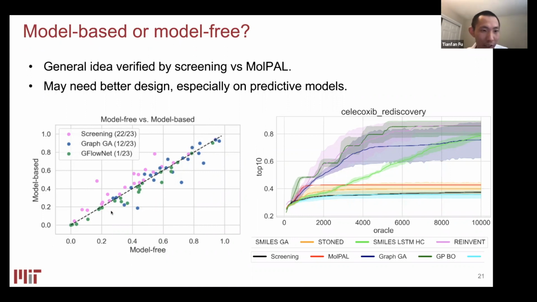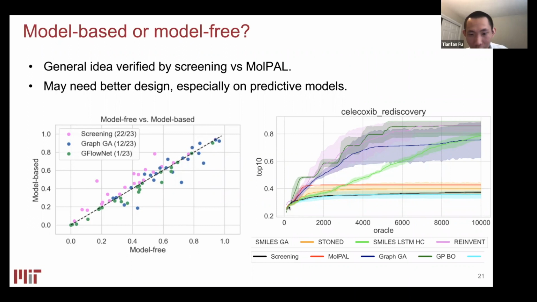We find that in the high-throughput screening scenarios, model-based methods can enhance the performance. That is, most of the pink points are above the dashed line. This is also validated by the right figures.